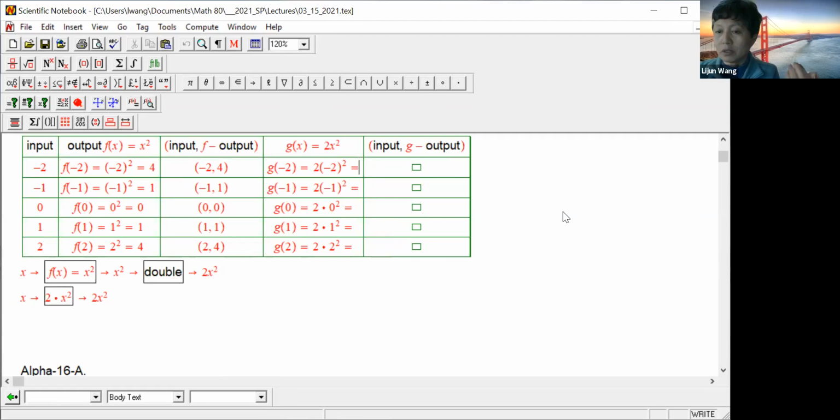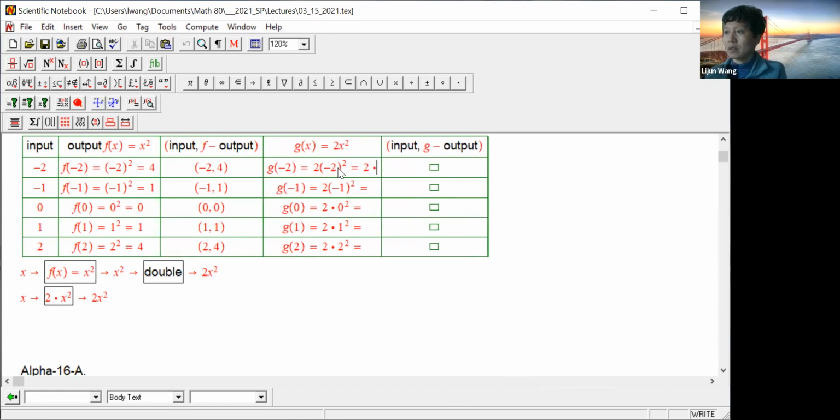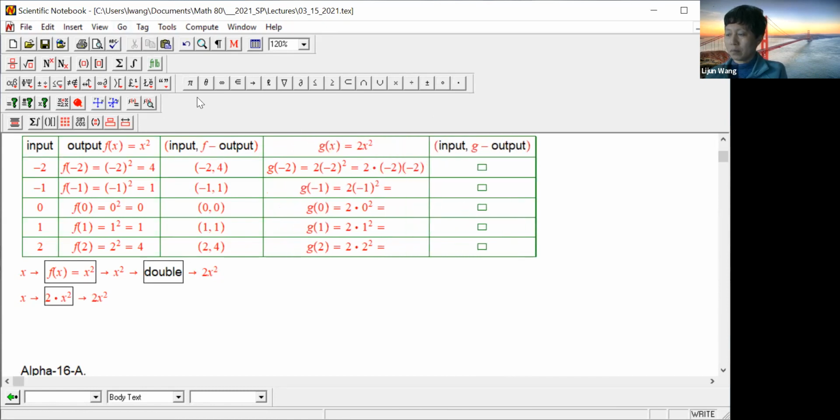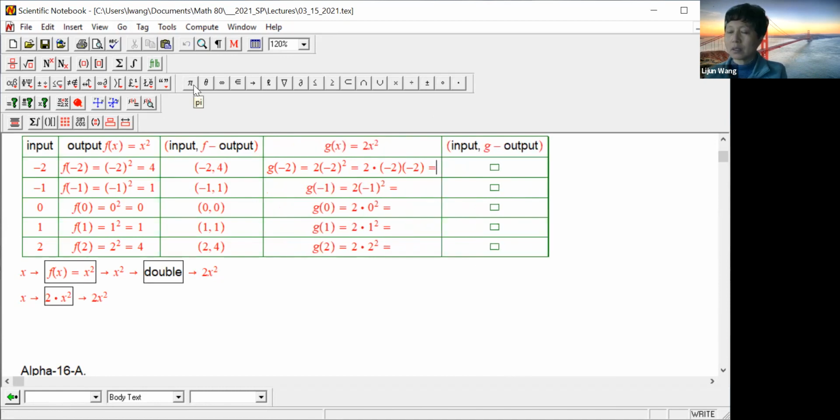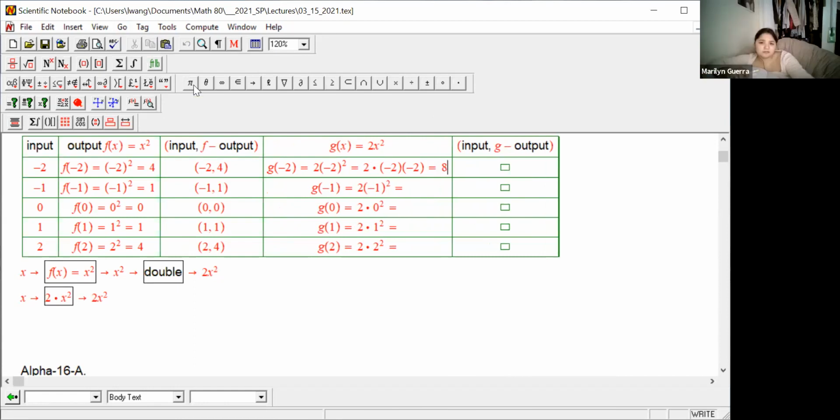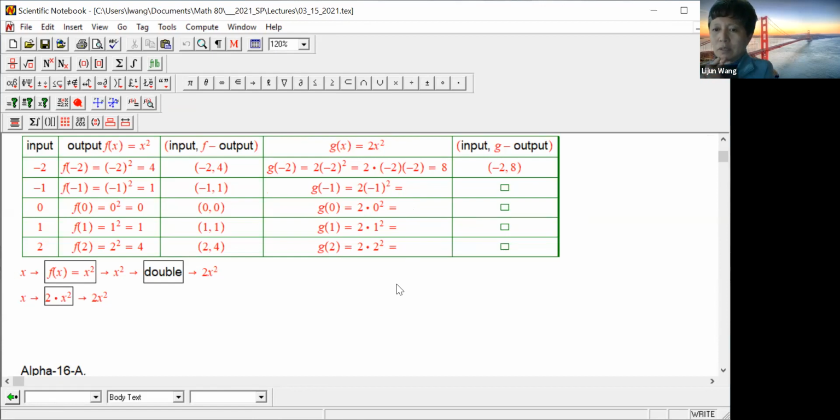So you're going to have 2 times -2 times -2, which is -2 squared. So in the end, you get what? 8. That's right. So the first point is going to be -2, 8. Can you finish the rest of these?